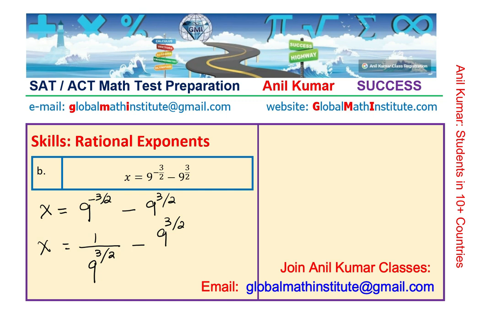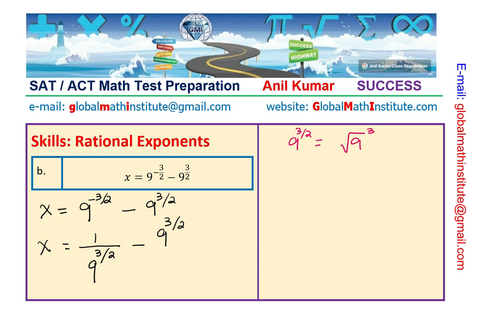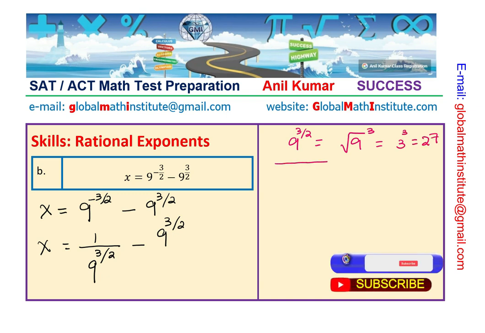Great. So what is 9 to the power of 3 by 2? Let's try to answer this question. 9 to the power of 3 by 2 means we have to do square root of 9, which is 3, and then we can cube it. So square root of 9 is 3 and 3 cube is 27. Do you see that? So 9 to the power of 3 by 2 is 27.